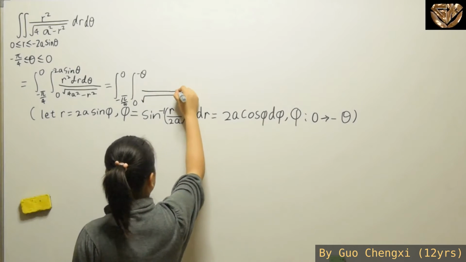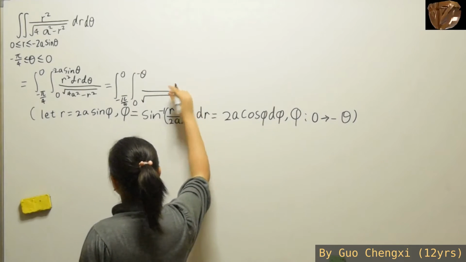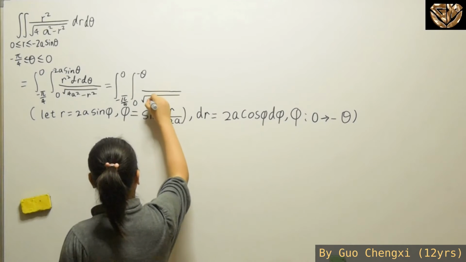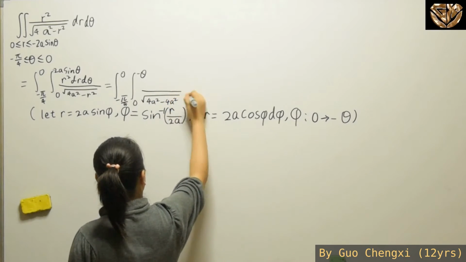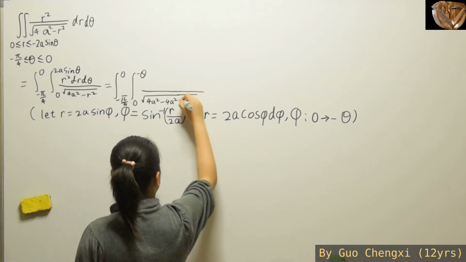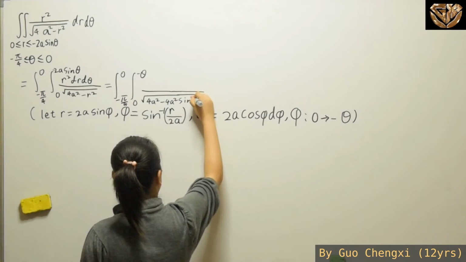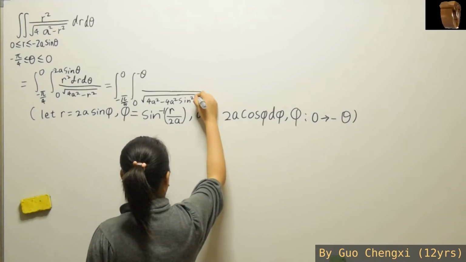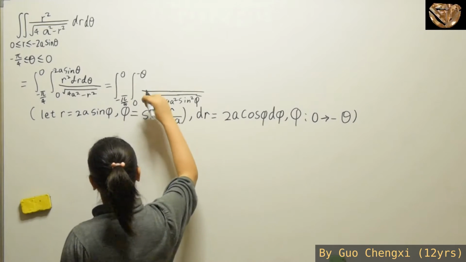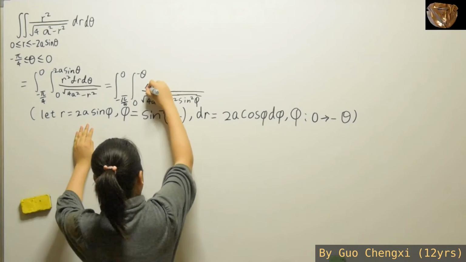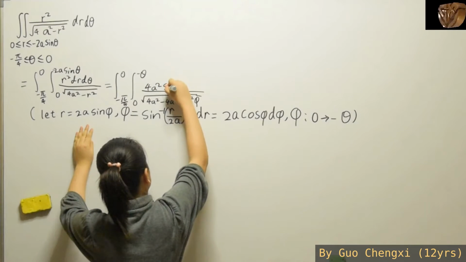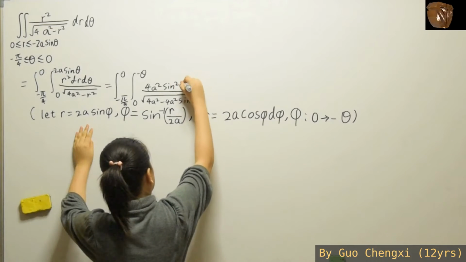When you substitute this inside, the denominator will be the square root of 4a squared minus 4a squared sine squared phi. For the numerator, you have r squared, so 4a squared sine squared phi.